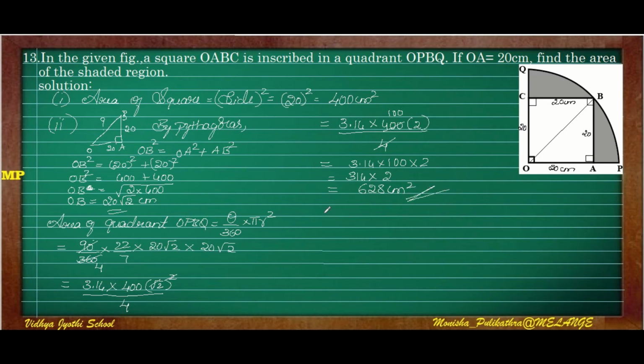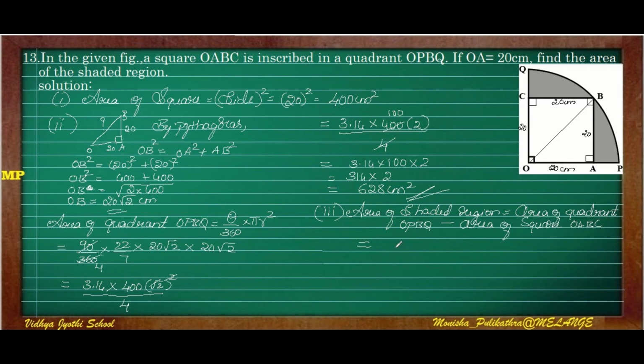So now we have to find the area of the shaded region. The area of the shaded region is equal to the area of quadrant OPBQ minus the area of square OABC.